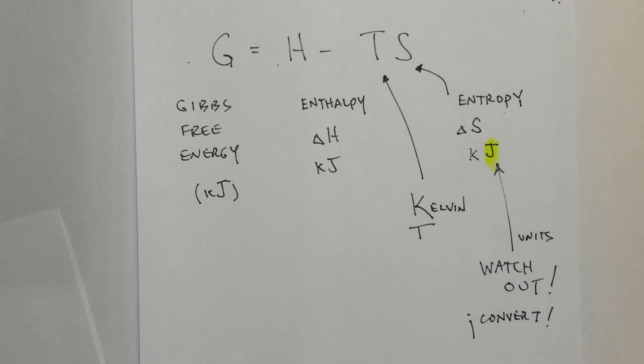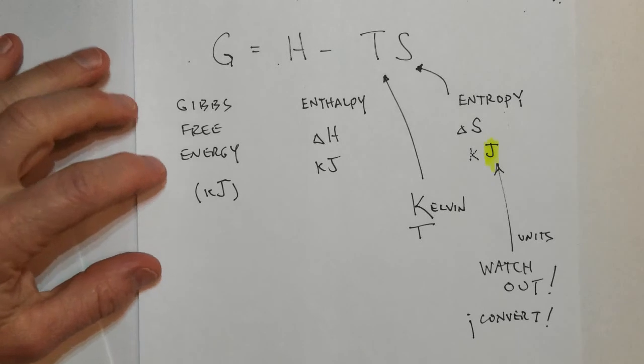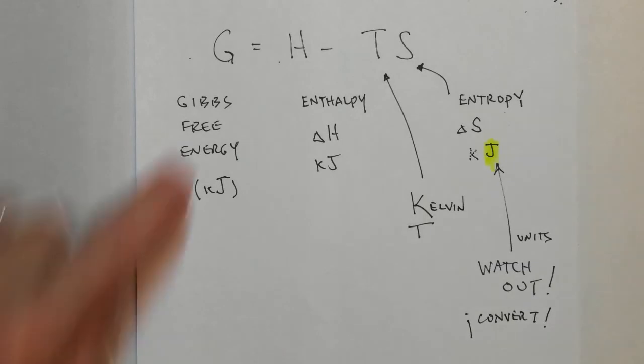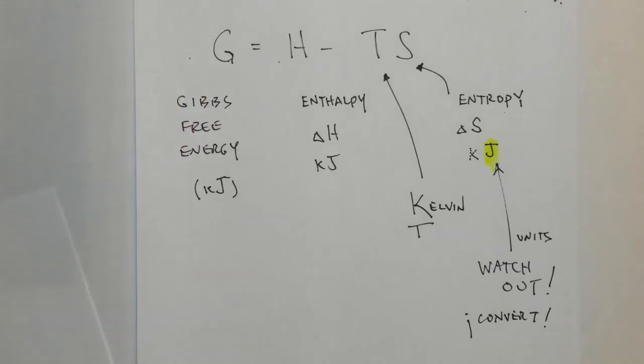So this is one way to calculate whether something is spontaneous or not, and G gives us a clue. It gives us a numerical value that's positive, negative, or 0, and tells us where we're at.